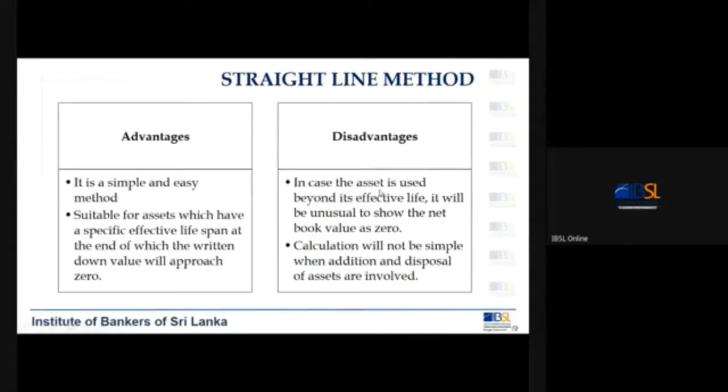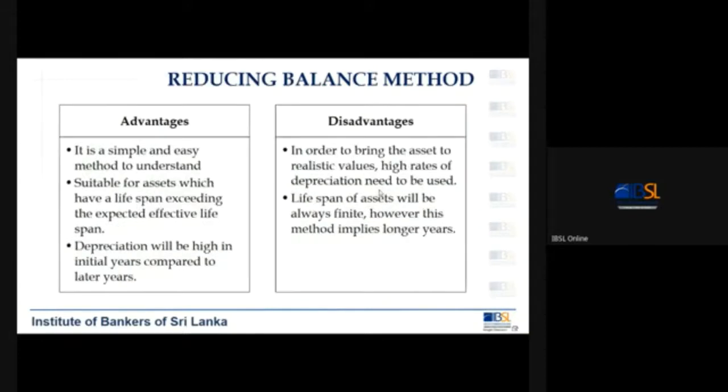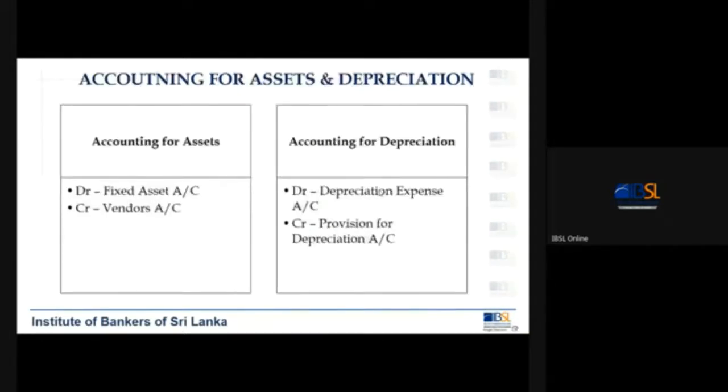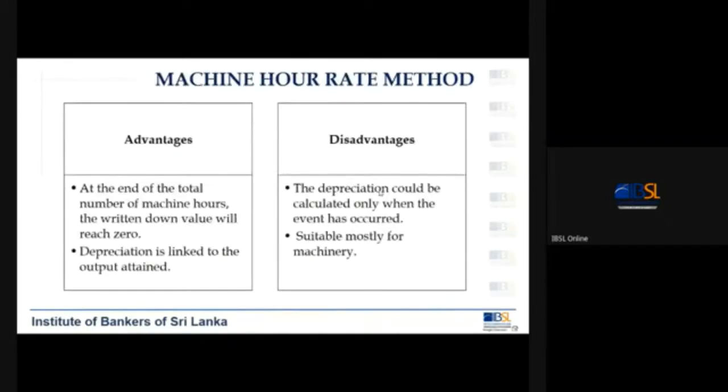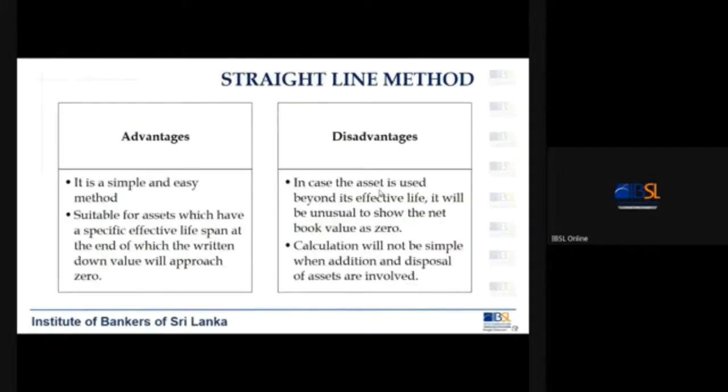Right, the straight line method. When you look at the straight line method, there are advantages and disadvantages. What is the advantage? It is a simple and easy method. You will see that. I will work out a question, then you will see that it is very straightforward.